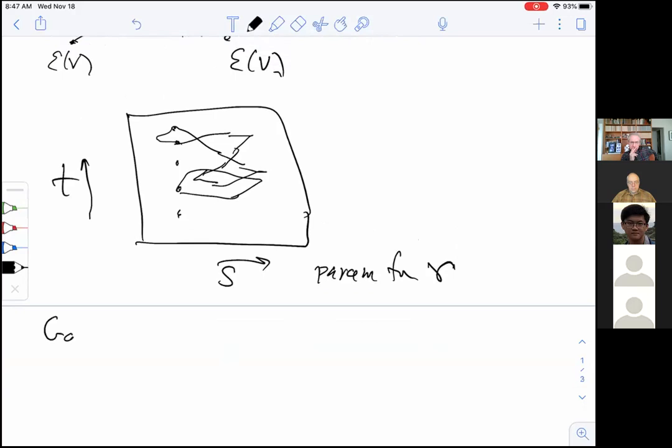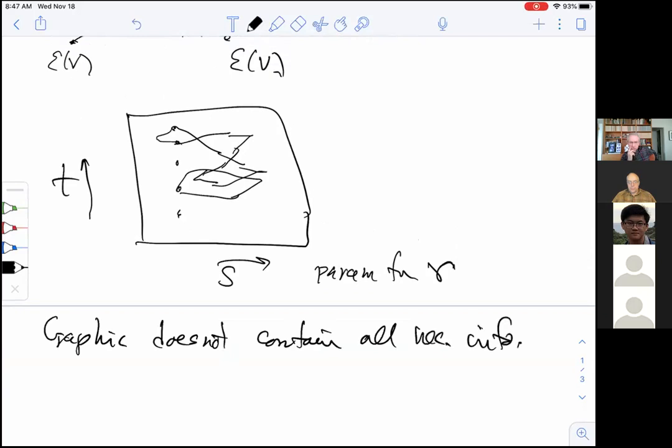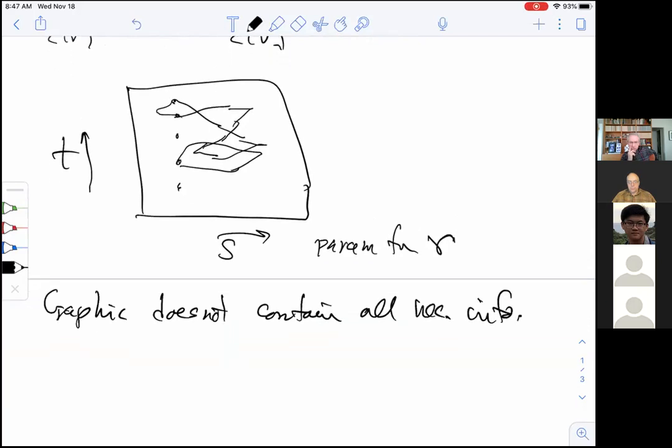The problem is the graphic leaves a lot of information out. So the graphic does not contain all the necessary info, because all you're recording about the critical points is their heights. You said nothing about where they are in the V direction of the manifold.